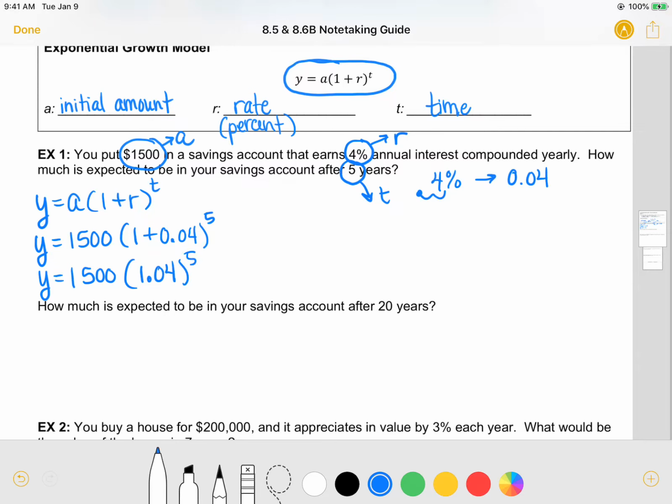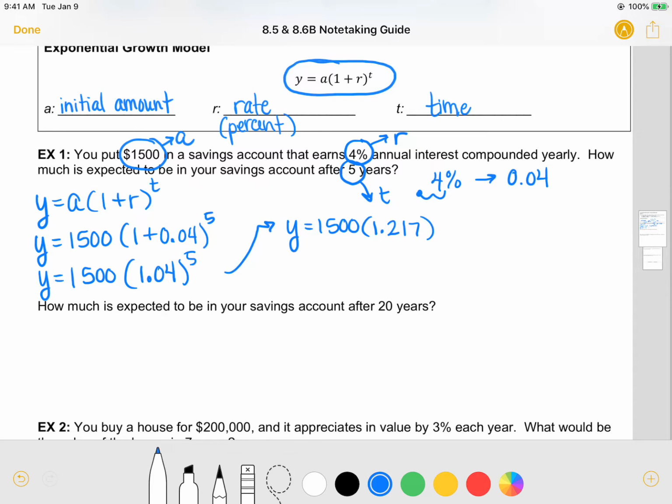Okay? Now I want you to grab your calculator and I want you to go ahead and raise 1.04 to the 5th power. Okay, so let's see here, 1.04 raised to the 5th power, and you should get 1.217, we'll say, okay? And then we're going to multiply that by 1500.